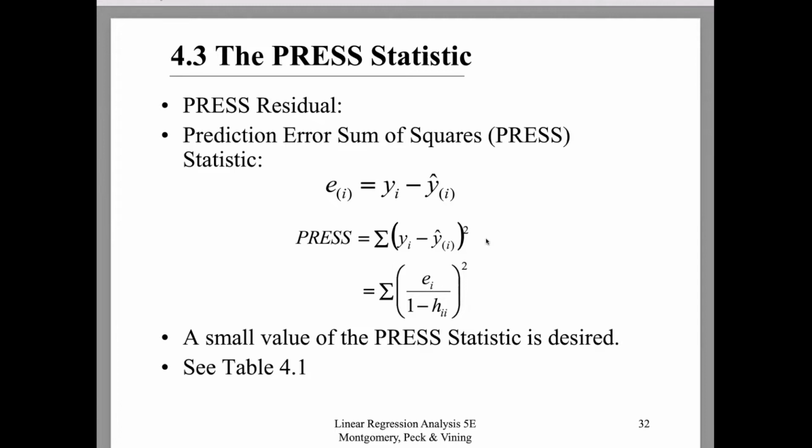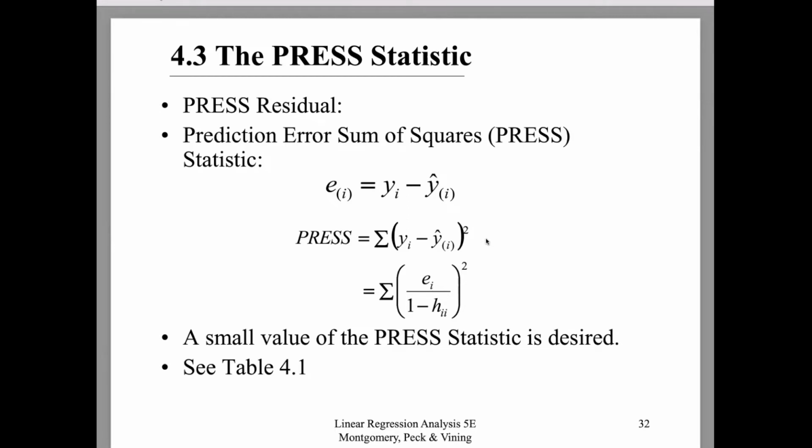And we talked about how you can think about the PRESS residual in the way we just described, where you fit n separate models. You fit a separate model for each observation where we leave that observation out, develop a model, and then predict that observation using that leave one out predictor. And you do that for all n observations.